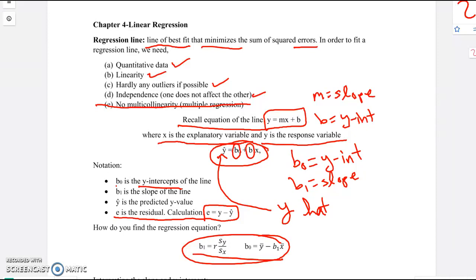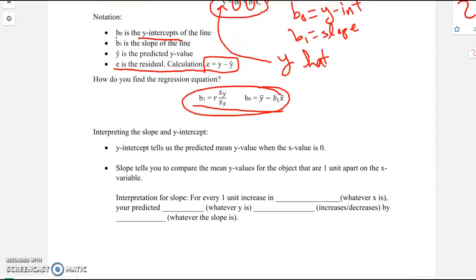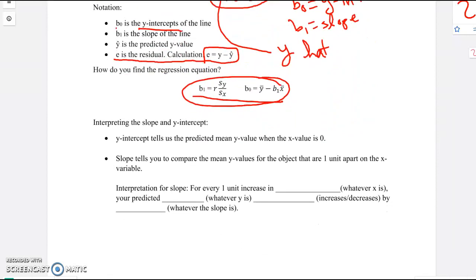Now let me go a little bit down. Something that you have to be able to know is how to interpret it. In case you forgot what a y-intercept was, I know this says something different, but this is basically what it does.